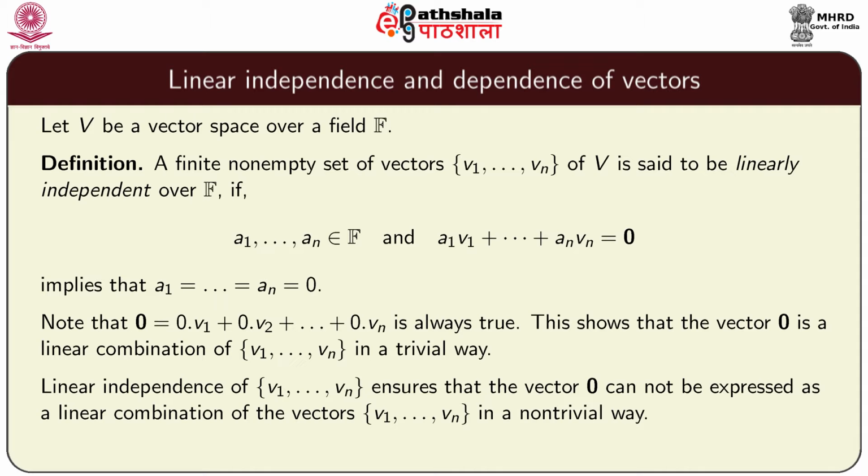This is always true in a vector space V. Linear independence of this set of vectors V1, V2, ..., Vn ensures that the trivial linear combination which you see above is the only way you can express 0 in terms of V1, V2, ..., Vn. This is precisely what we mean by linear independence of finitely many vectors in a vector space V.